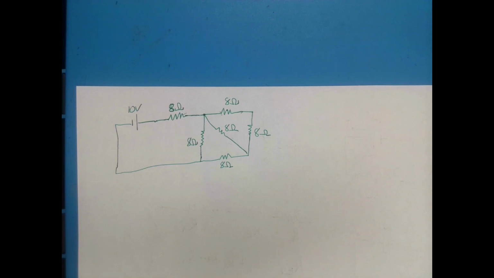So the key trick to this problem is find something in series and find something in parallel and simplify it down. So what's something in series and what's something in parallel? Series is the easiest, so always look for two things in series first.